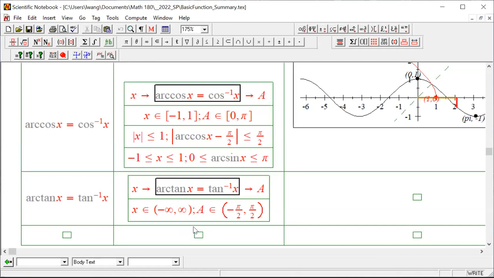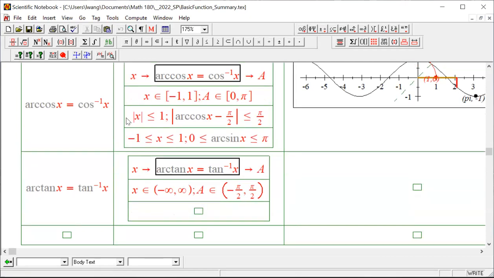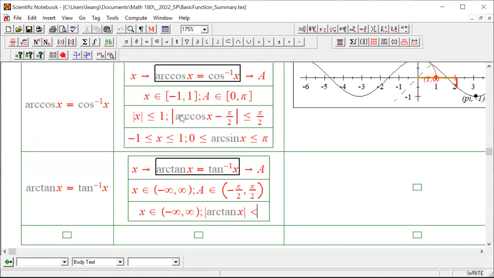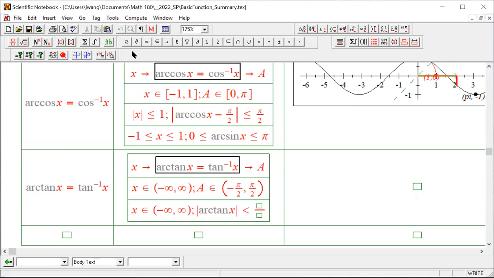In absolute value form, the range expression is less than pi over 2.